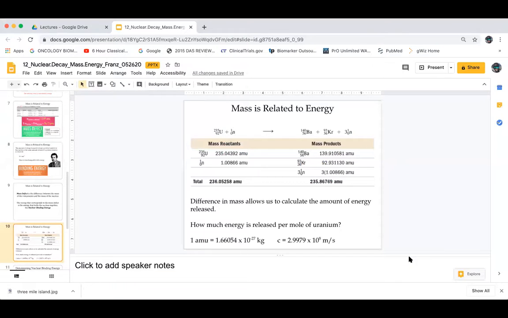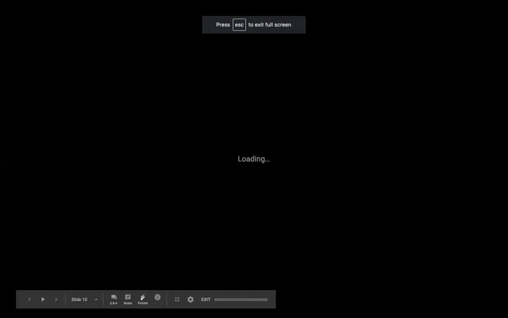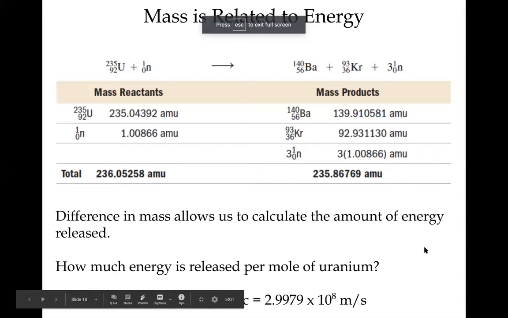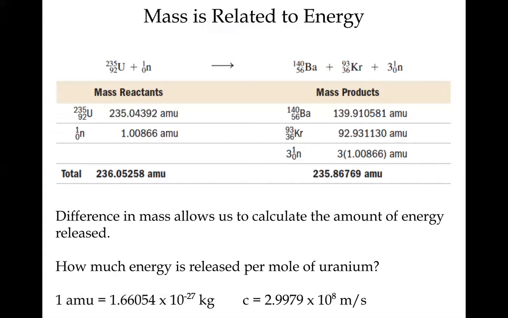All right. So that's how much energy is released, and that's a lot: 1.6617 times 10 to the 13 joules.